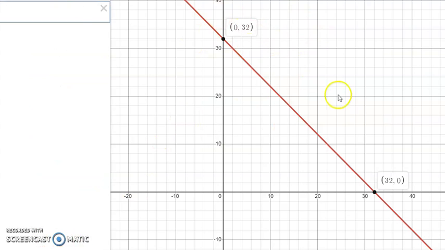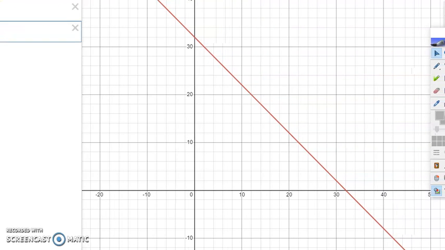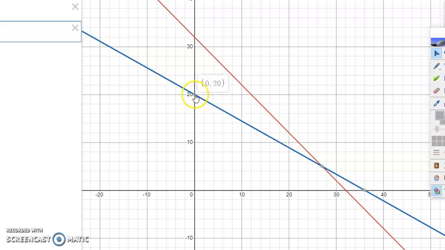I graphed the first one there, and then we'll do the second one with the intercept. So there was that other intercept there.